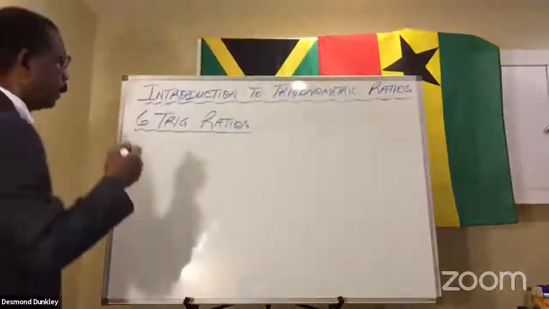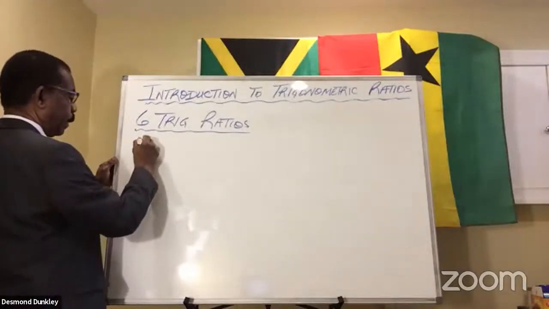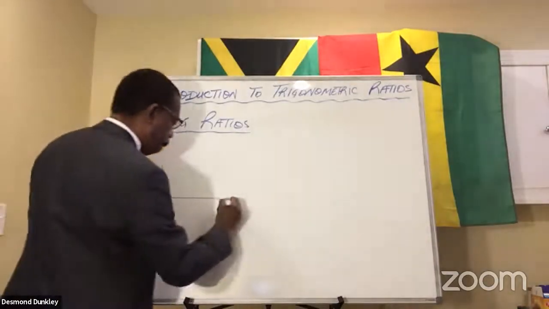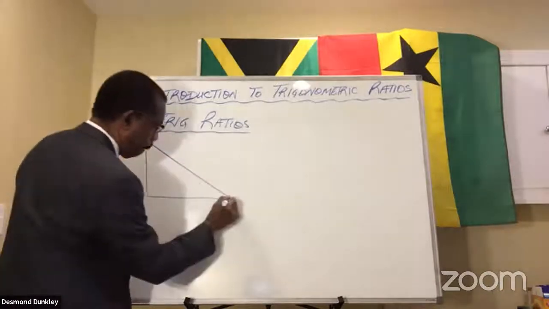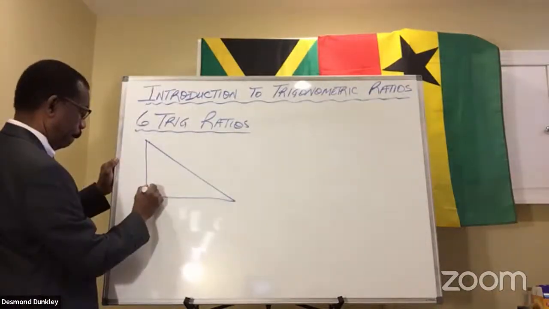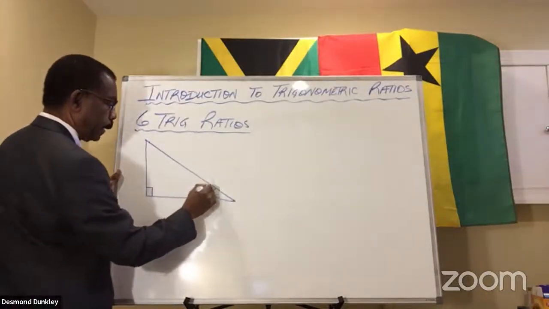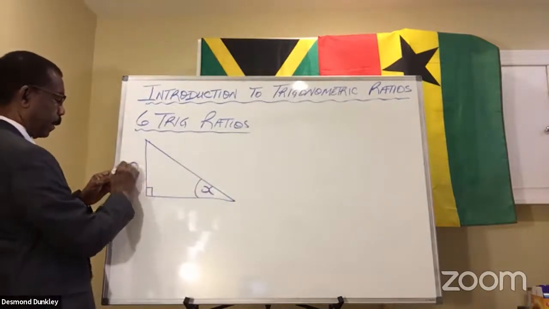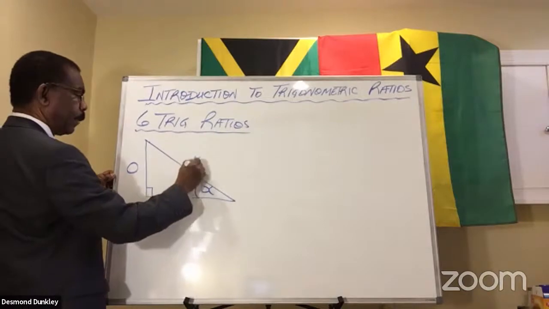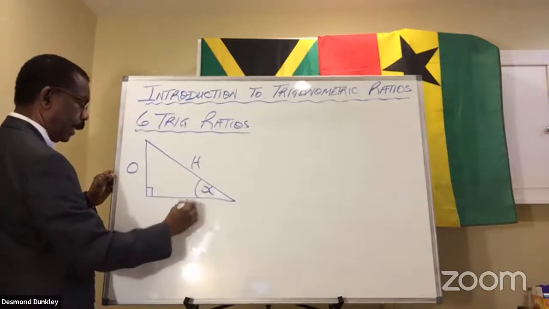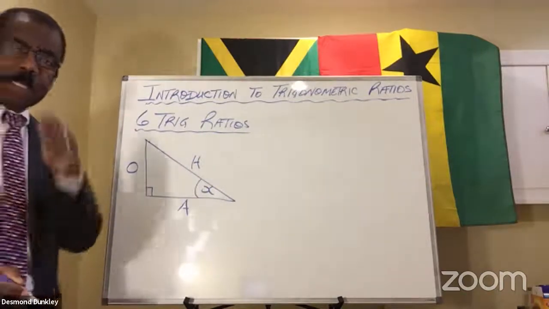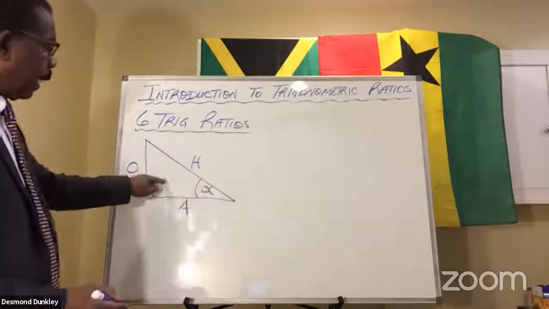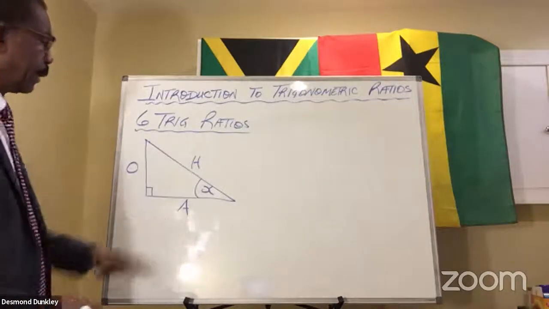Okay. So given this triangle, if this is x, this is the opposite, this is the hypotenuse, this is the adjacent. We already discussed opposite, hypotenuse, and adjacent.